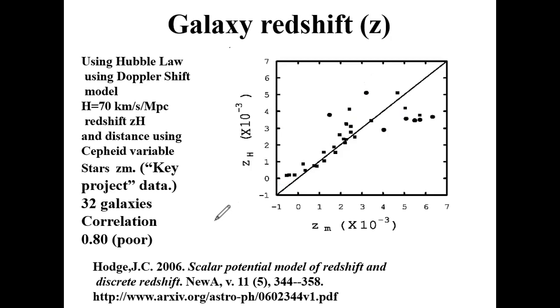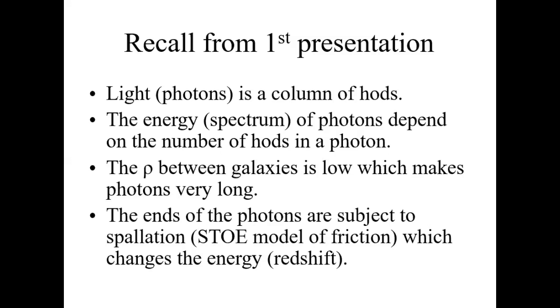And you remember what redshift had to do with the problems that the standard cosmology says with the QSSC. Recall from the first presentation that light or photons is a column of hods. The energy in the spectrum of photons depends on the number of hods in a photon.